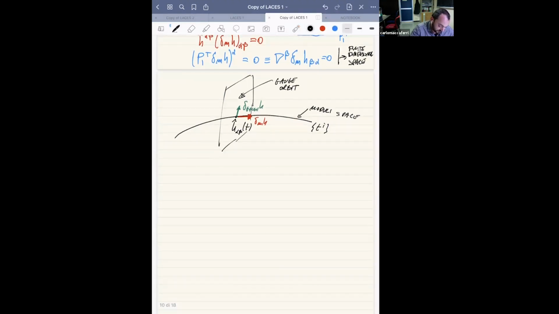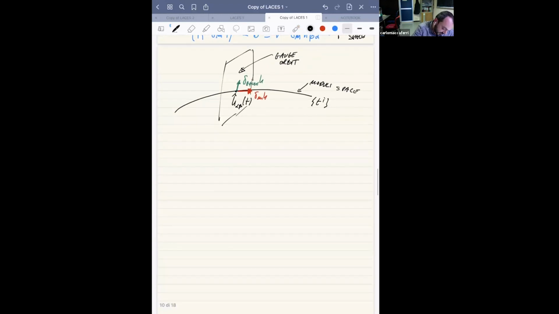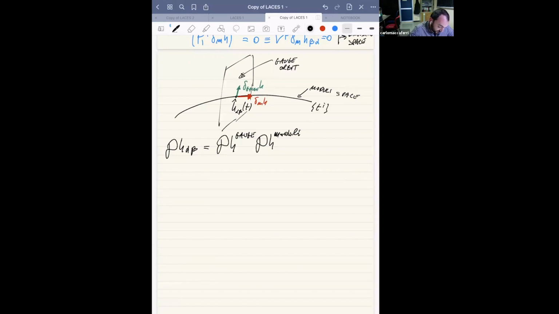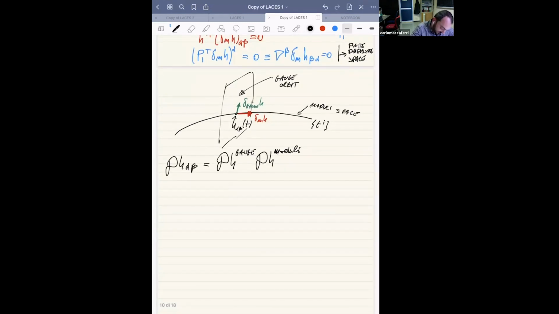Now that we have this decomposition, we can take our dh_{αβ} and write it as dh gauge times dh moduli. And now I know exactly how these things are expressed in terms of the gauge parameters, for example. The dh gauge is just the measure of the metric along the gauge orbit.